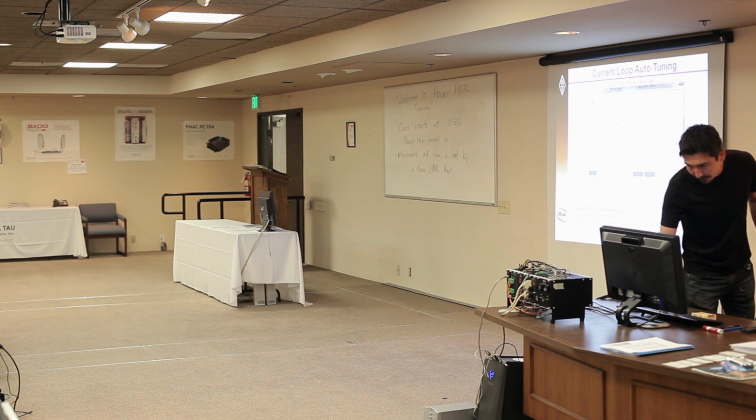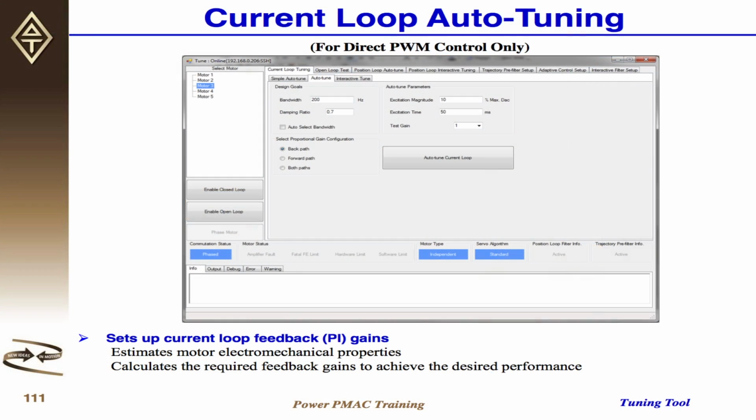As I said before, the first step for a brushless motor, if we want to commutate via Power PMAC, is to tune the current loop. Essentially, we have three tabs over here. I'll talk about simple auto-tune later.